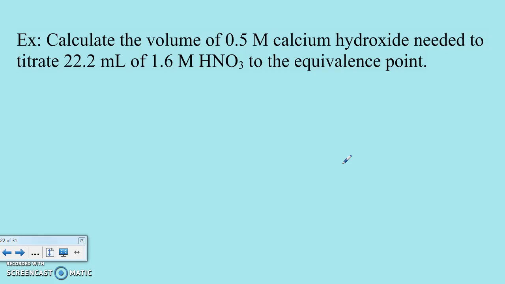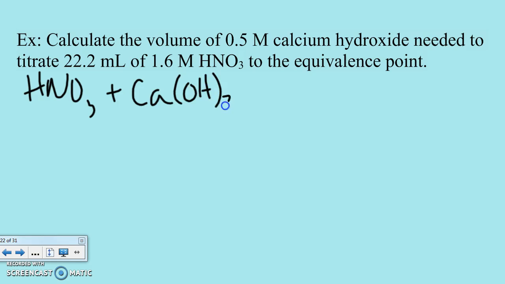The last example has 0.5 molar calcium hydroxide. We want to know what volume of that is needed to titrate this volume and concentration of HNO3. This one is slightly different because it is not a 1-to-1 ratio, because calcium hydroxide has 2 OHs.